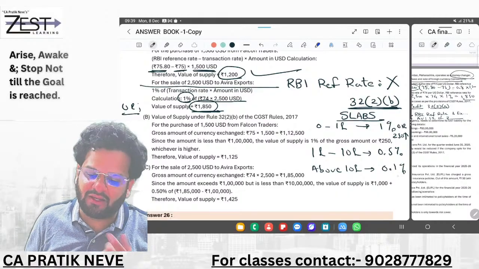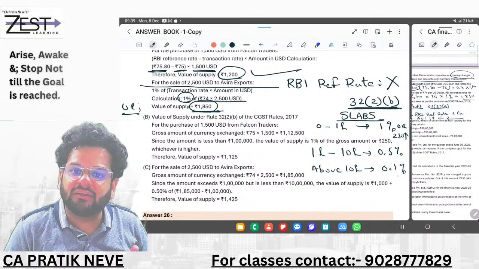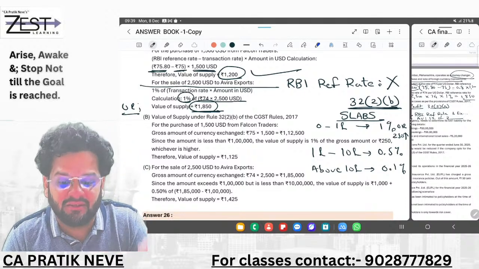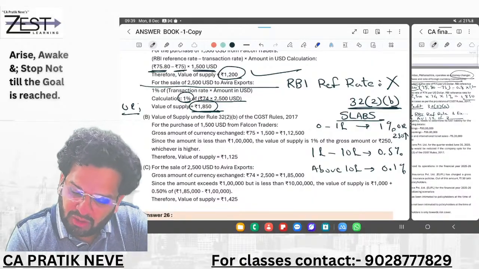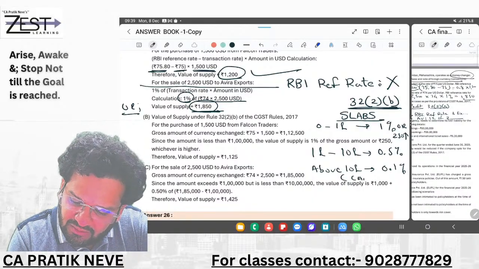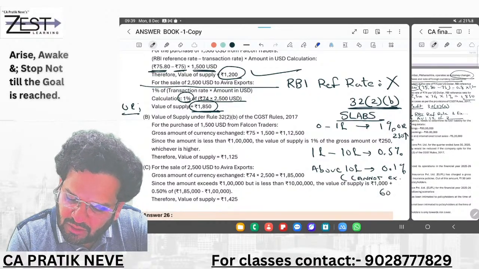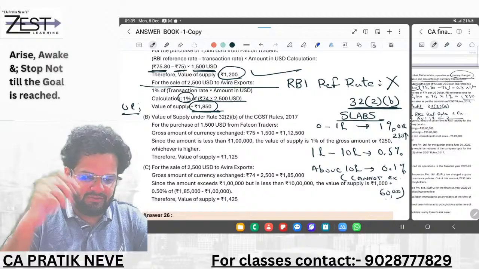This is how you do the valuation, as per slabs. But overall it cannot exceed 60,000. Remember this?